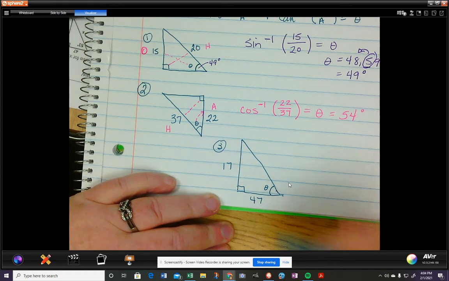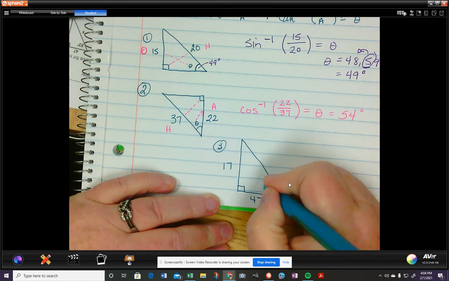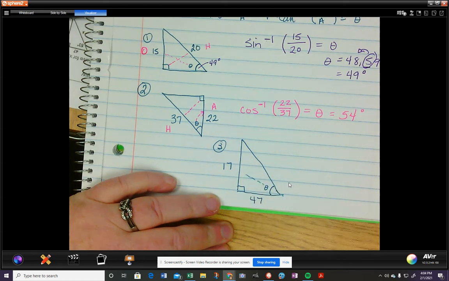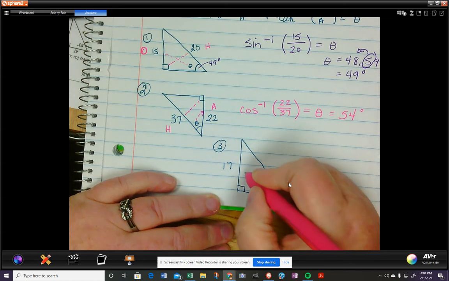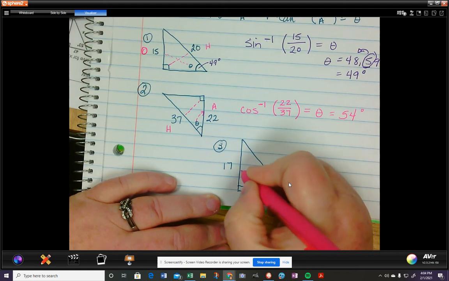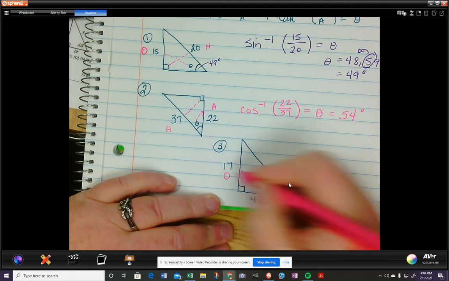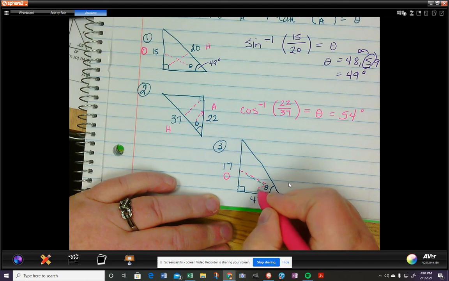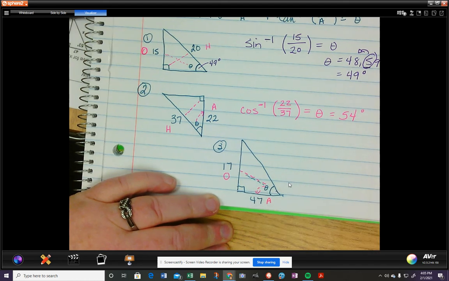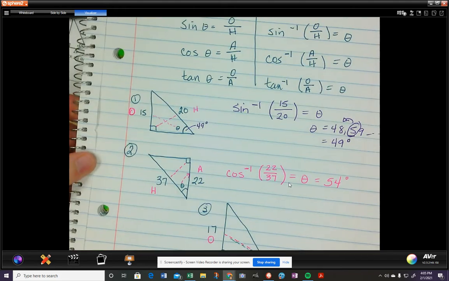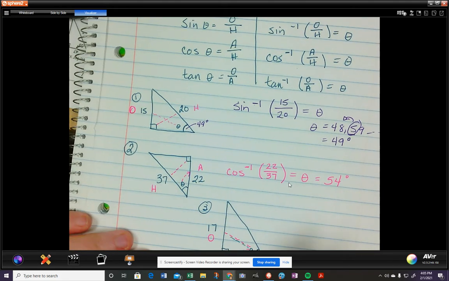Well, if I draw an arrow across, let's keep with pink. This is my opposite. And draw an arrow next door. That's my adjacent. Then I have to look up here and see which one has opposite and adjacent.